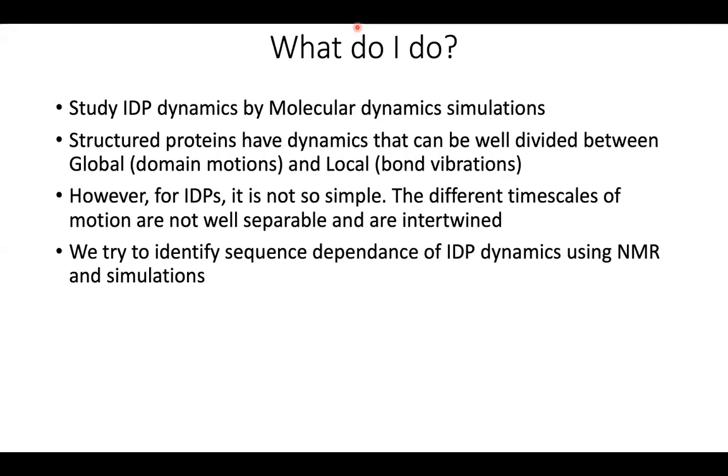Based on that, we try to see if the NMR relaxation is sequence dependent. If some particular amino acid is giving rise to a high relaxation rate, and something else is giving rise to a low relaxation rate, then we try to understand why that is happening. Why would something have a high or low relaxation rate?